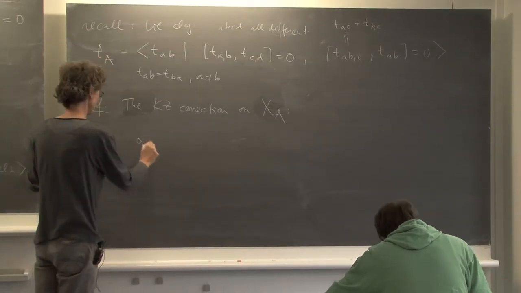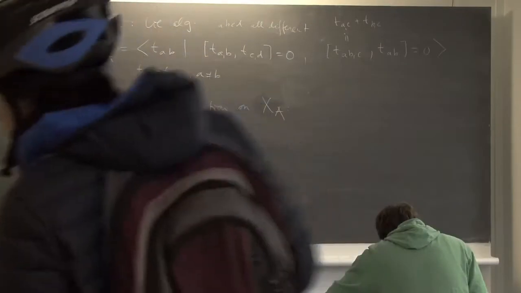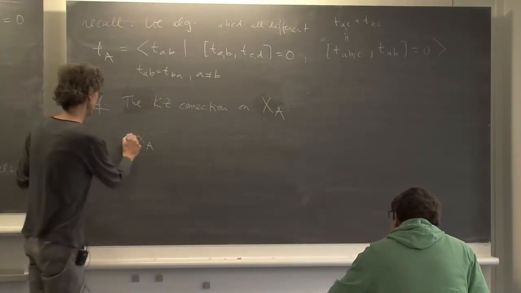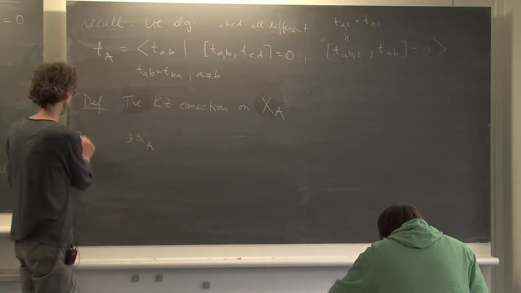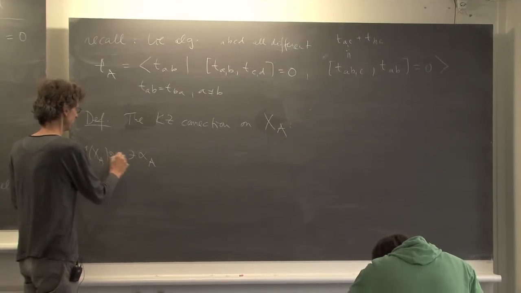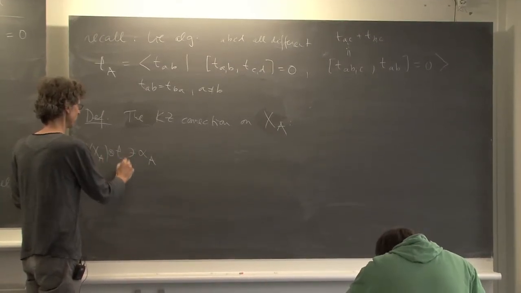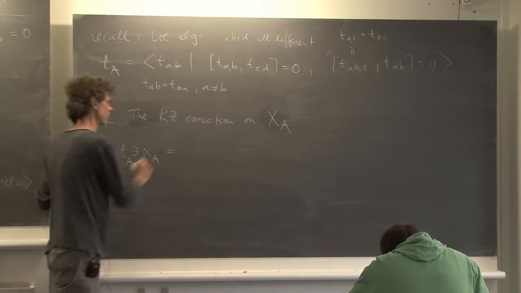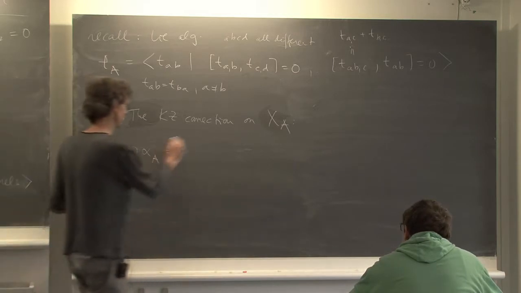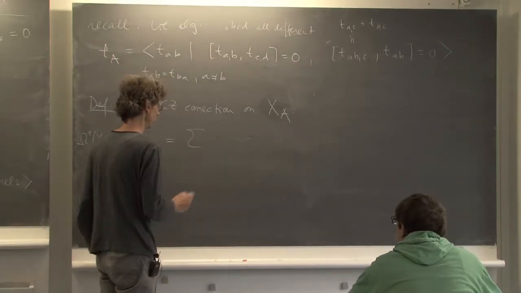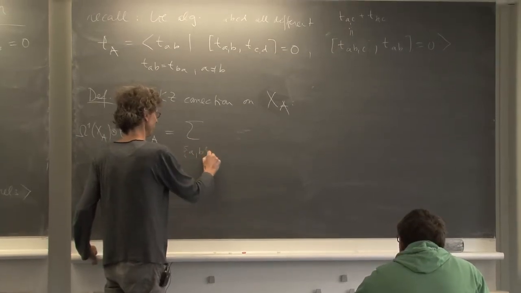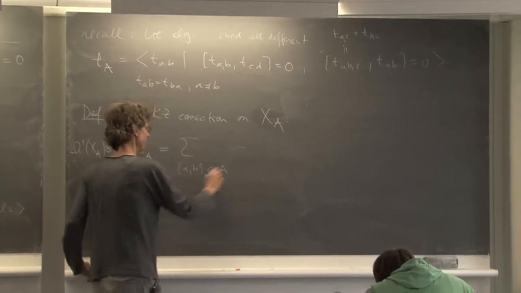It will be denoted alpha, possibly we'll write subscript A if that A is needed. That's somebody who lives in Omega^1(X_A) tensor with this Lie algebra. And what is that? Well, we're just going to pair those omegas with those t's. So it is the sum over all pairs, all two-element subsets of this A.